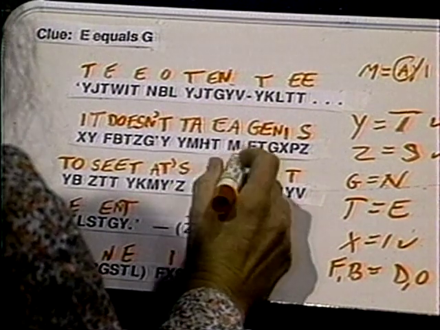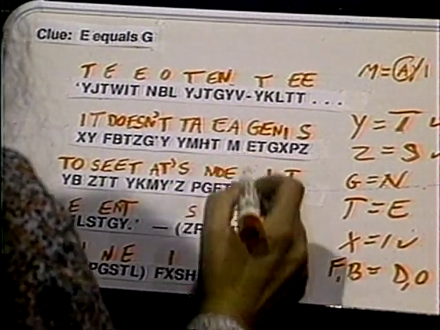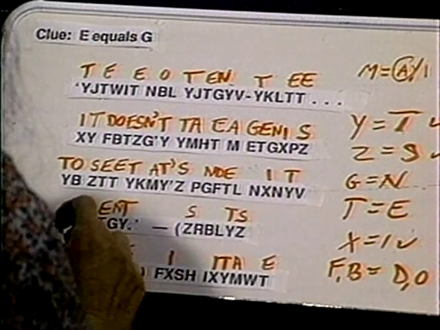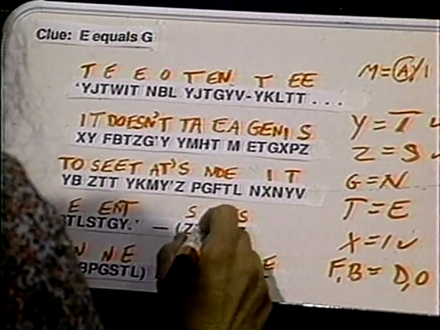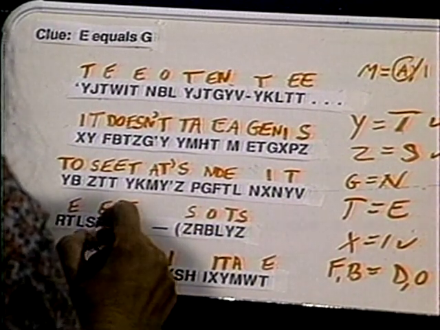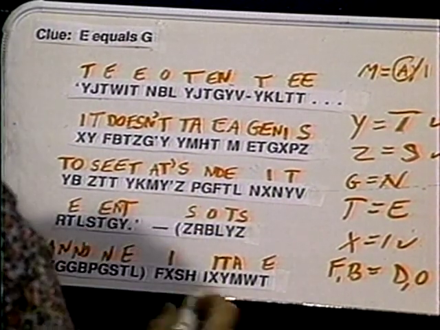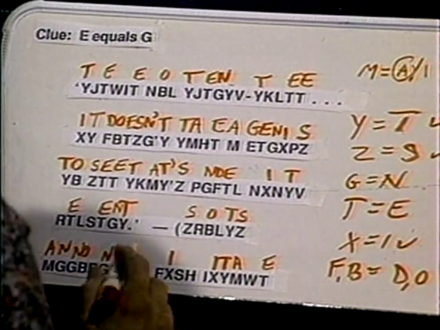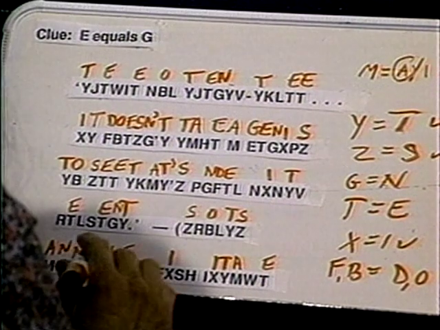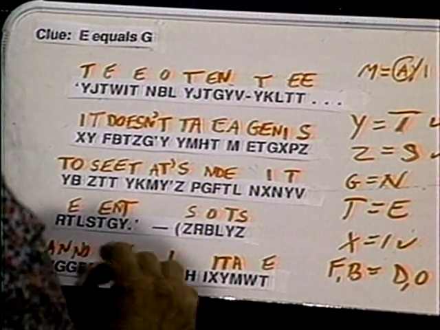Here's an F, which is a D. Here's a B, which is O. Here's a B, which is O. Ah, this must be announcer. I said there's a high likelihood that this is an ER word because we're identifying what sort of person this is. Anyway, let's look for any more F's and B's.